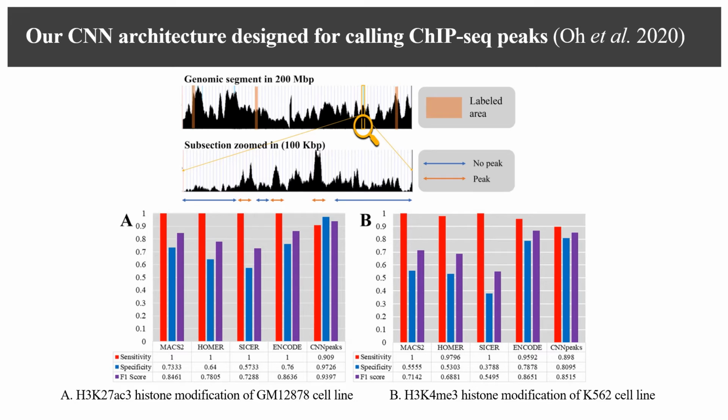While the sensitivity of CNN peaks dropped by almost 10% for the K562 ChIP-seq data, the specificity increased by 24% compared to the average of the other tools. This was quite successful in decreasing false positive ChIP-seq peaks.